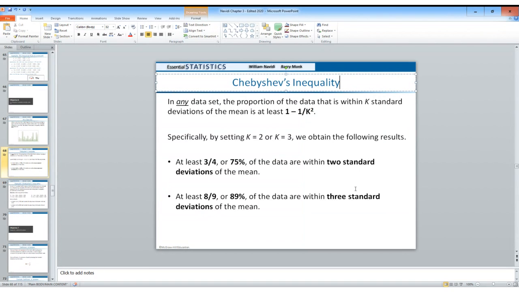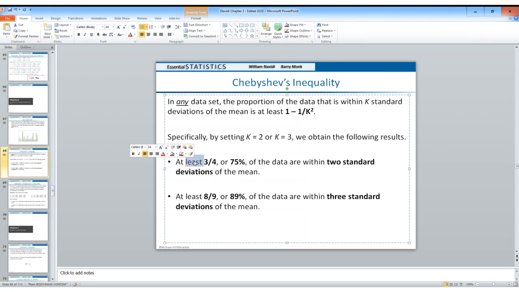But all Chebyshev is going to give you is, and this is the key word, at least 75% is within 2 standard deviations of the mean. Not as accurate, because that's 20% different, going from 95 to 75. And on 3 standard deviations, remember that was the almost all?